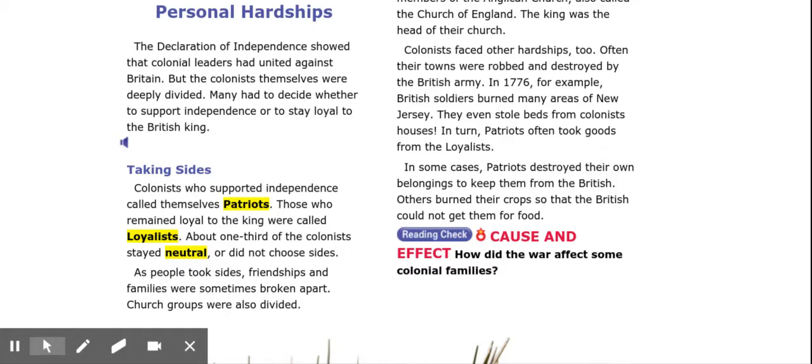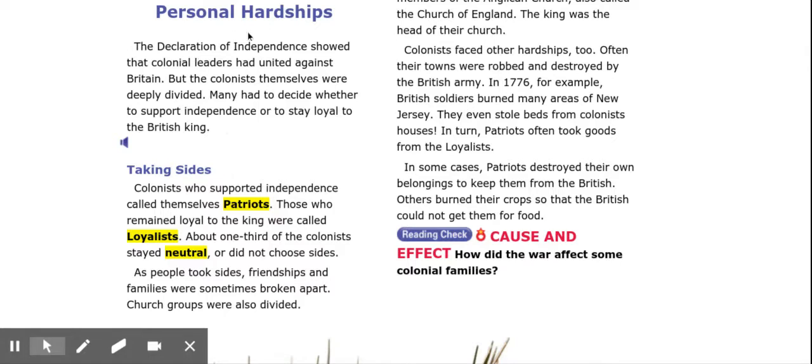Colonists that were supporting the war, supporting independence from Britain, were called patriots. Those that said they wanted to remain loyal to the king were called loyalists. They were loyal to the king. And some of the colonists didn't pick sides and they remained neutral.